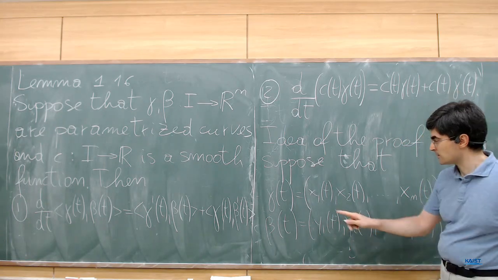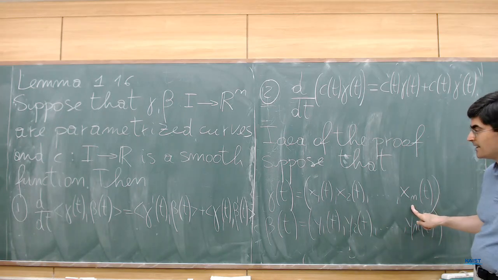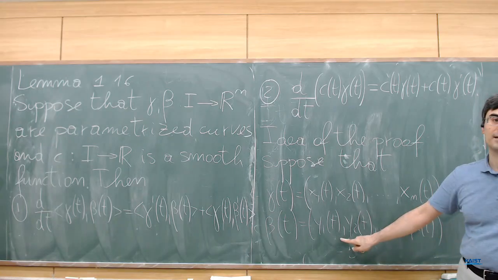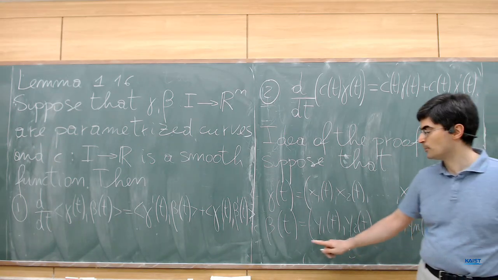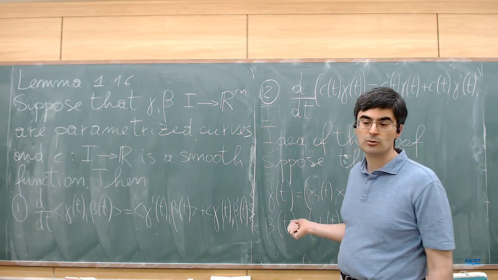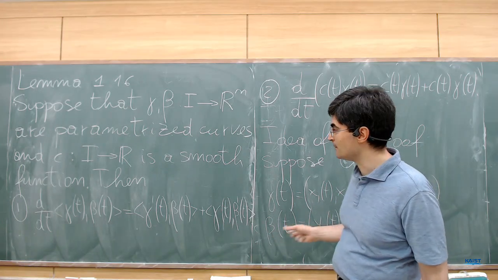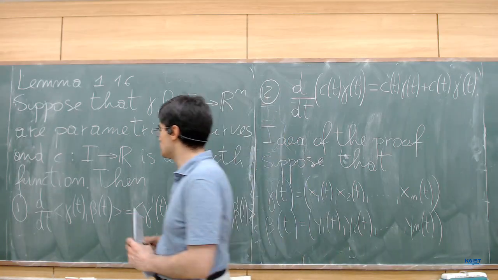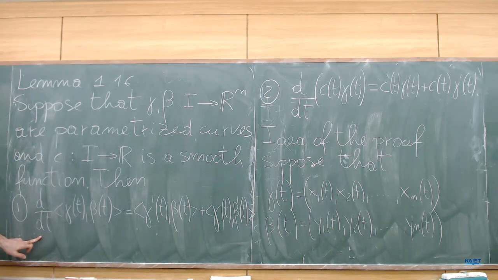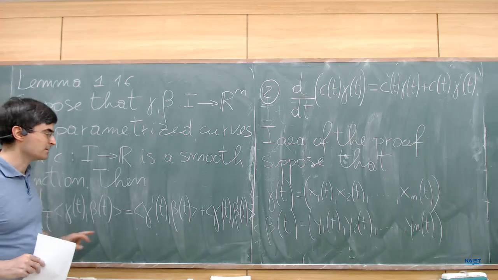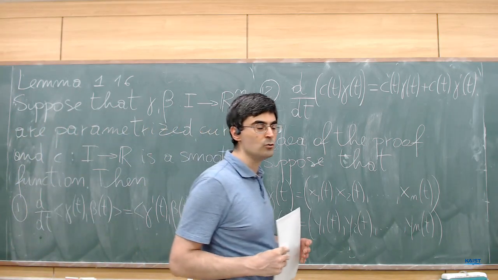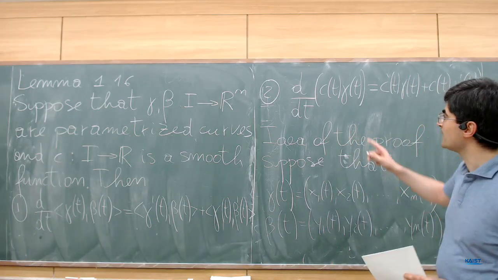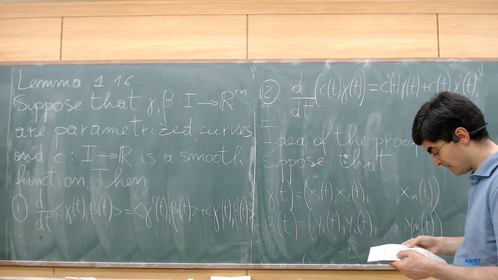So this means that x1, x2, up to xn are the component functions of gamma, and y1, y2, up to yn are the component functions of beta. Then what you have to do is just replace them into this formula, compute the derivative with respect to t component by component, and apply the rule for the derivative of a product of functions, and you will get immediately these two identities.